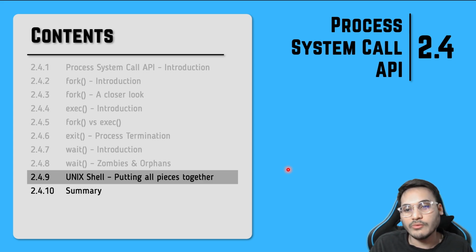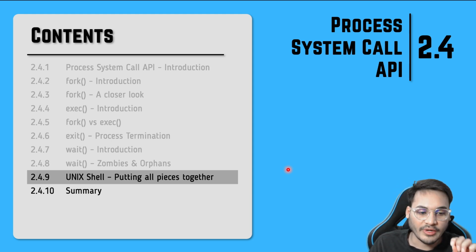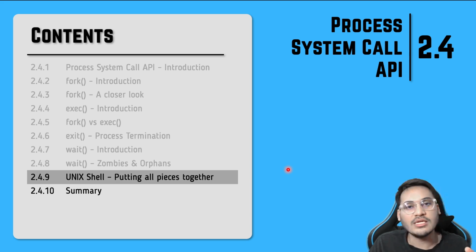And in this topic, we basically wanted to look at all of the important operations that we would like to perform on processes, right? Like process creation, termination, waiting for another process, right? These are the important operations that we would like to perform on processes. And the way to perform these operations is via the system call interface.